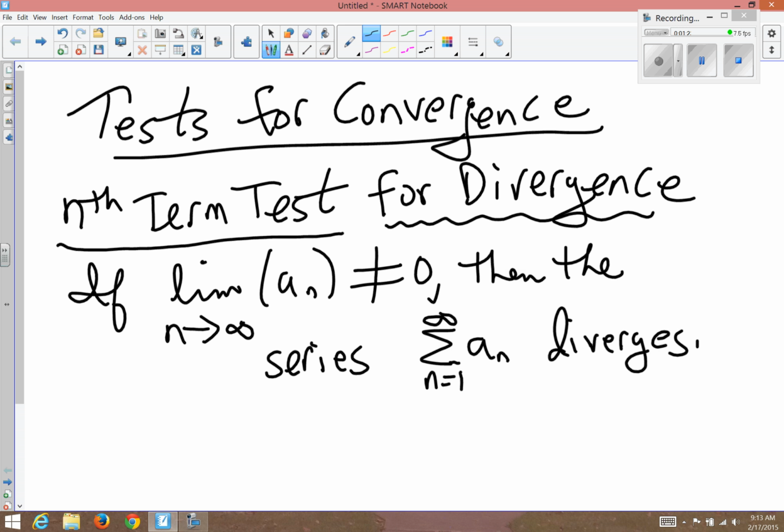This is the nth term test for divergence. If the limit of the nth term, symbolized a sub n, as n approaches infinity is not 0, then the series diverges.